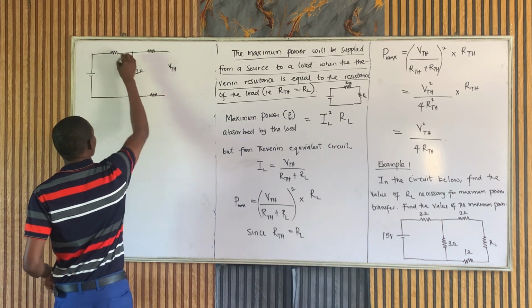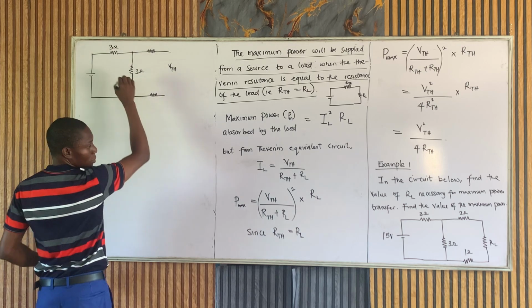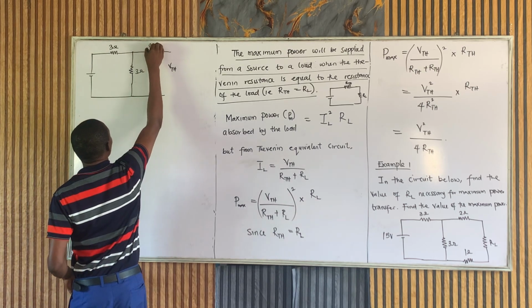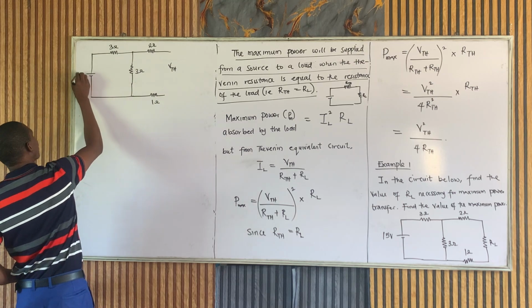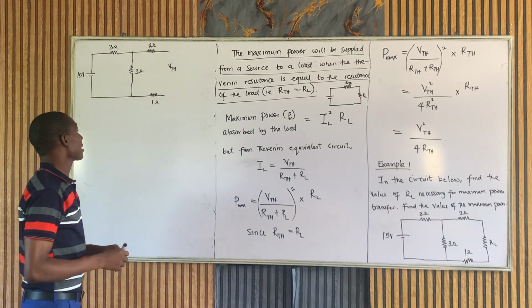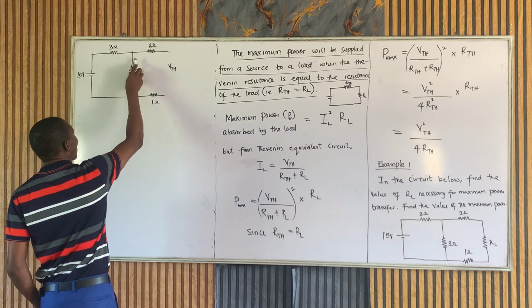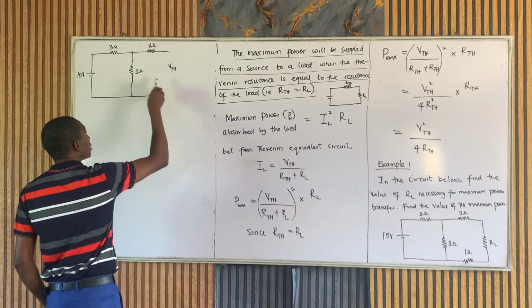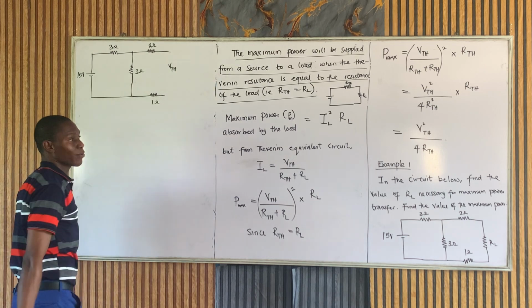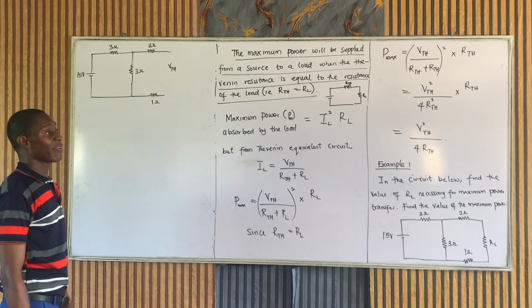3 ohms, 3 ohms, 1 ohm, and 2 ohms. Then 15 volts. Now, understand that since this part is in parallel with this part, the voltage across the 3 ohm resistor is the voltage across VTH. Well, we can simply use our voltage divider rule to get that.